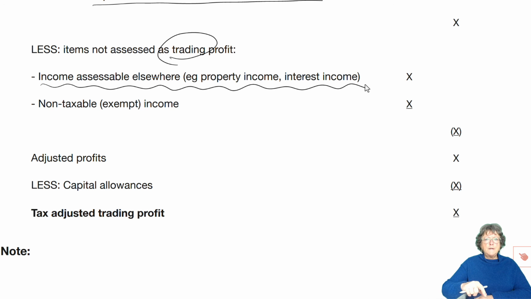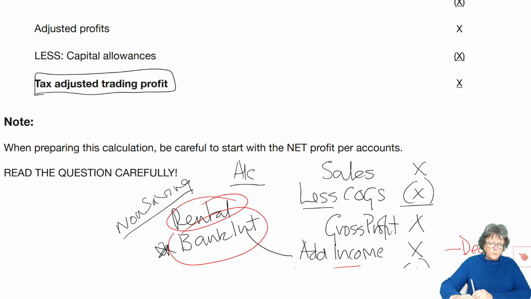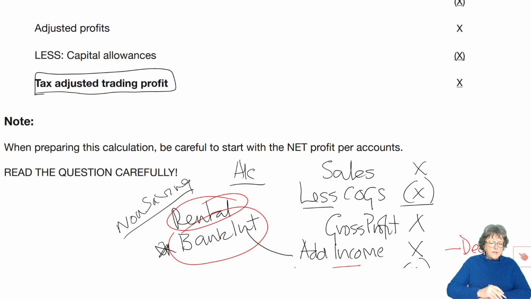You need to have read the capital allowances chapter together with this one, because the two of them are very closely linked. And that will give us our answer, which is the tax adjusted trade profits. Okay, so it says, when preparing this calculation, be careful to start with the net profit per accounts and read the question carefully.